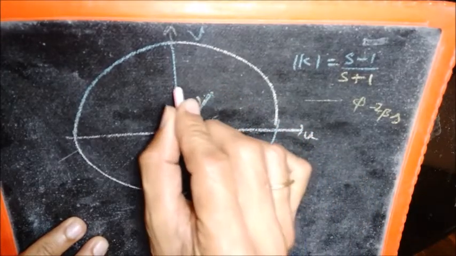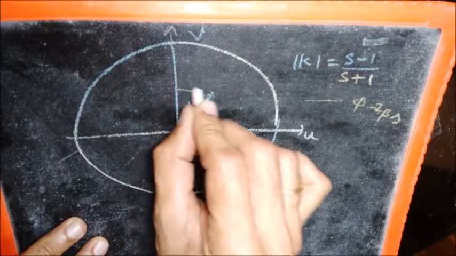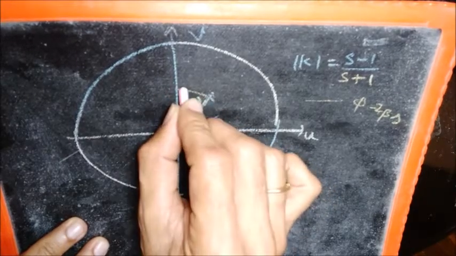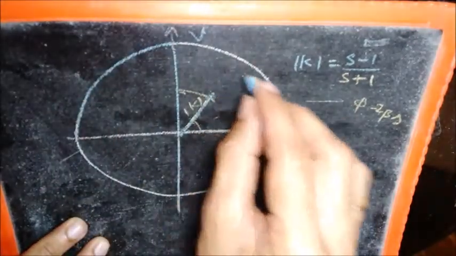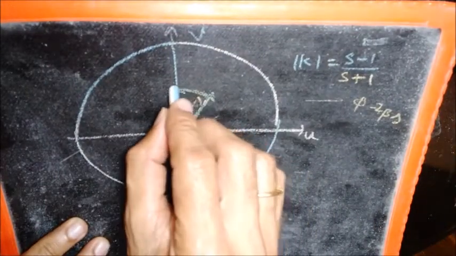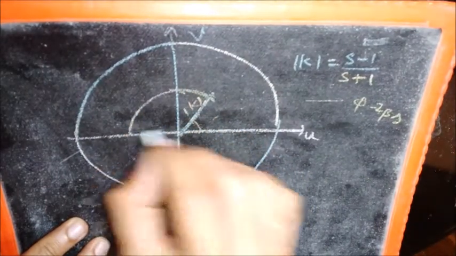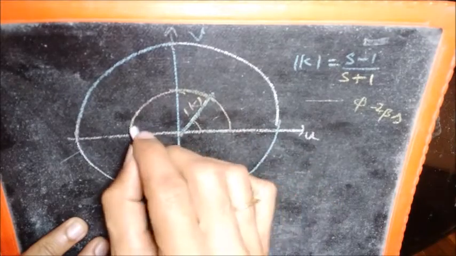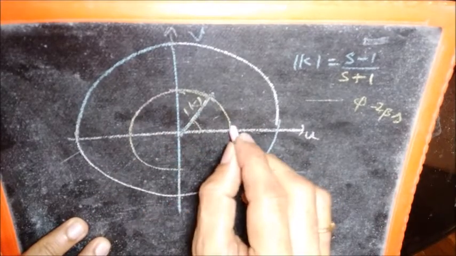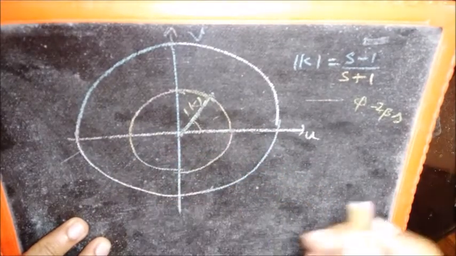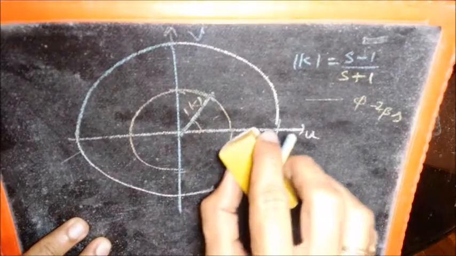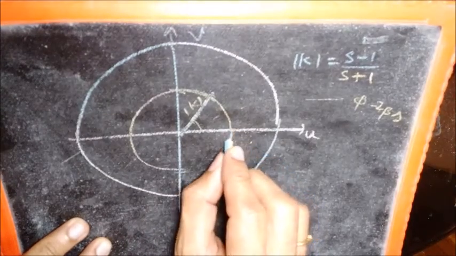Now suppose you draw a circle around the center, a concentric circle with the r equal to 0 circle, but its radius equal to magnitude K. Suppose you draw a circle like this.